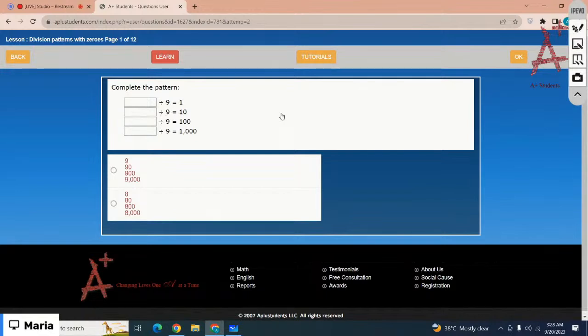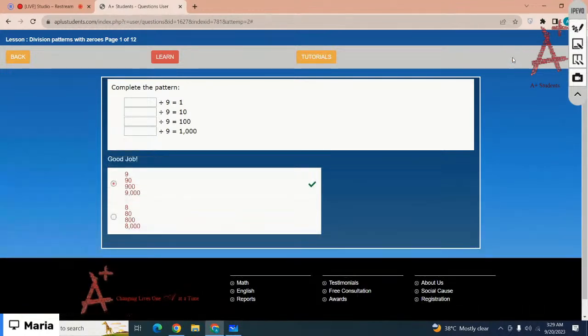That would be option number 1, because a number divided by itself is always 1. So 9 divided by 9 is 1, then 90 divided by 9 is 10, then 900 divided by 9 is 100, and 9000 divided by 9 is 1000. So the correct option is option number 1, right?